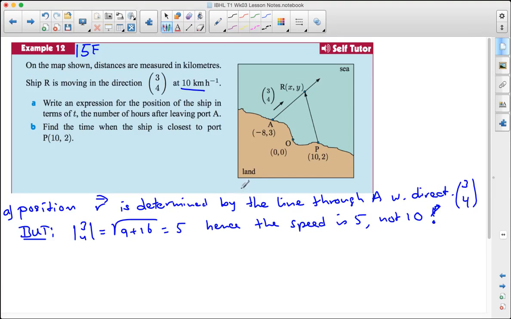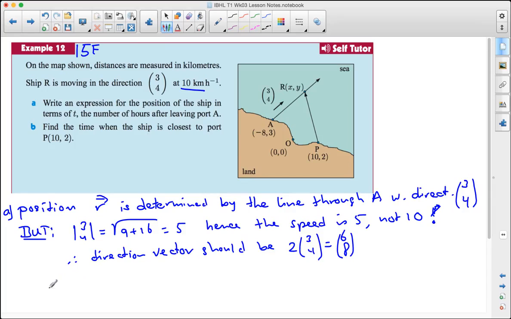Well, we can easily do that by multiplying our direction vector times 2. The direction vector should be 2 times 3, 4, because 2 times 5 is 10. So it's 6, 8.